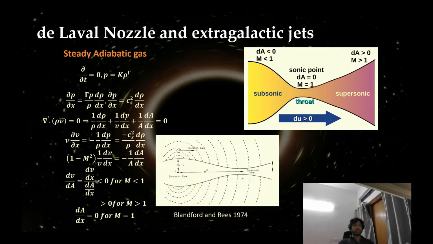So these extragalactic jets, right? We talked about these jets from accretion disks, and even in the supernova systems, we saw these jets moving out from these accreting systems. So jets are very closely associated with any kind of accreting system. People have proposed many models for these jets.